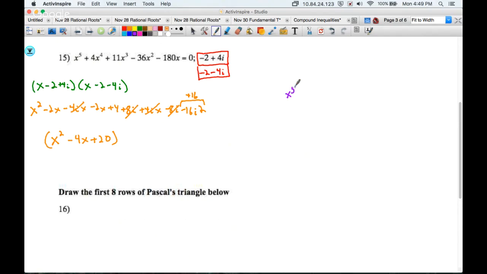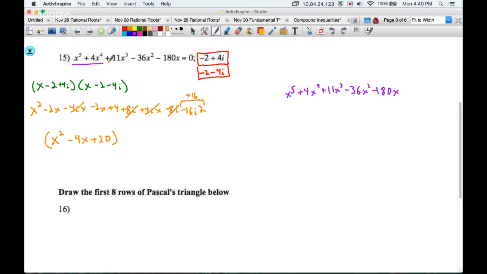Now I need to long divide this into this guy up here. So x to the 5th plus 4x to the 4th plus 11x cubed minus 36x squared minus 180x. Oh, we missed, wasn't paying attention, we can actually factor an x out of this.